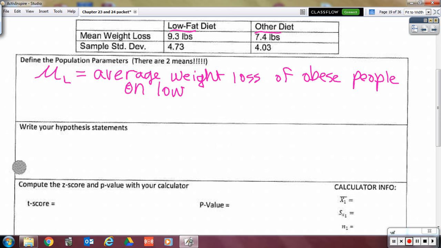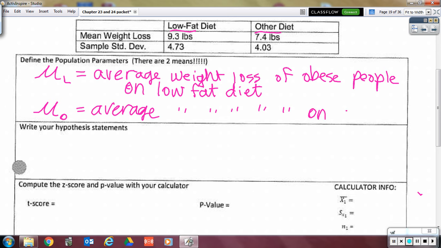So we're going to make a generic claim about the average weight loss of all obese people that are on the low-fat diet. And then mu with the little o is going to be the average weight loss, I'm just going to ditto marks, of all obese people on the other diet.